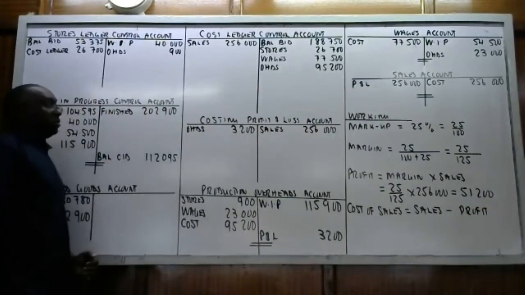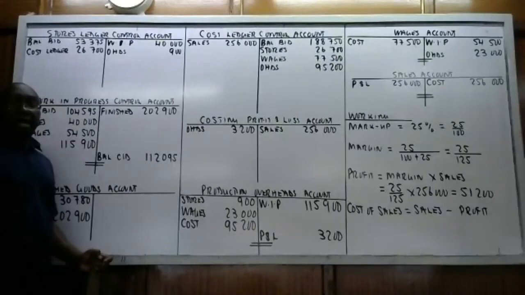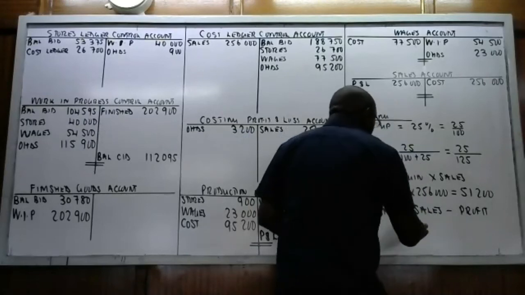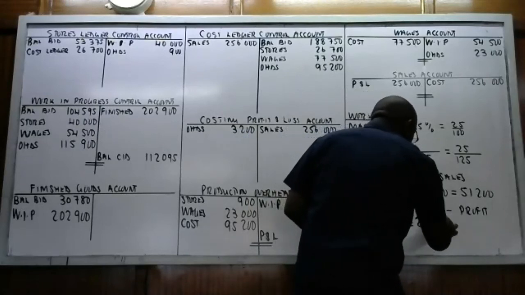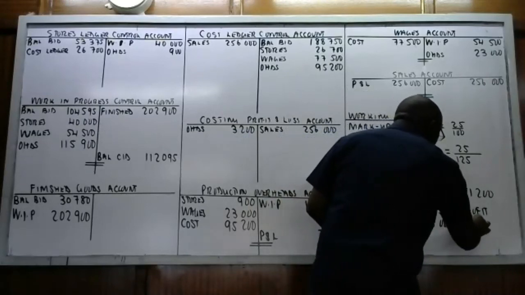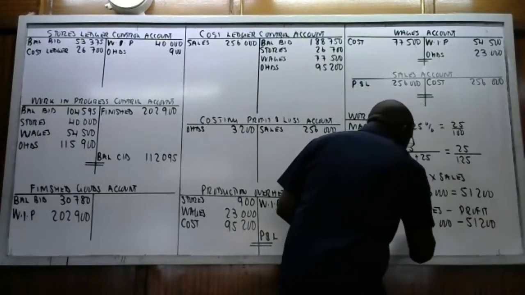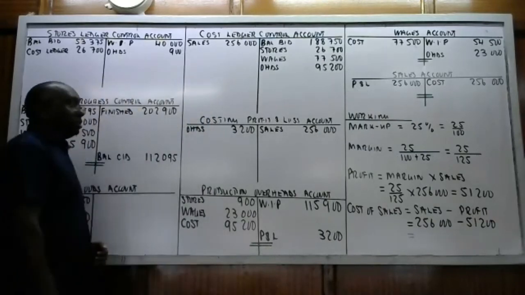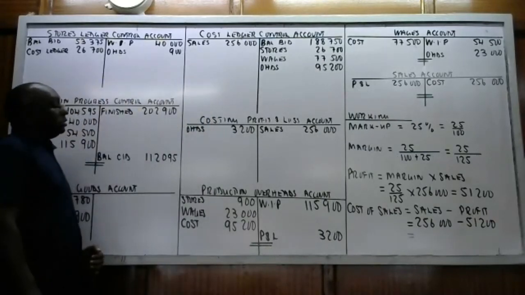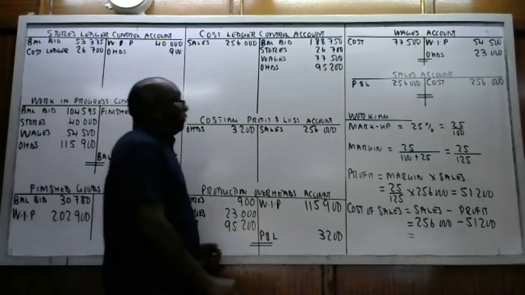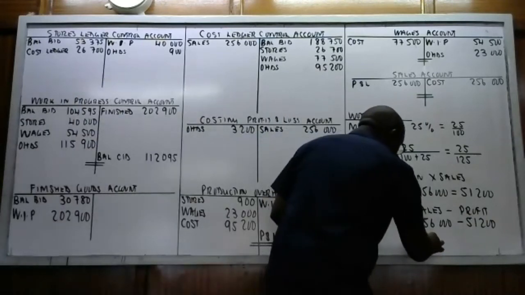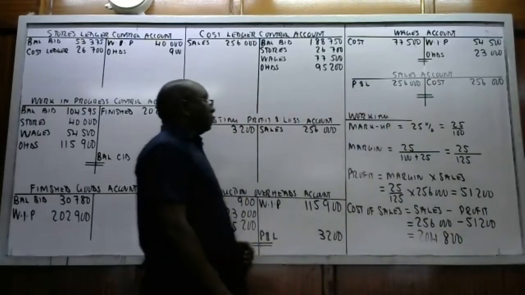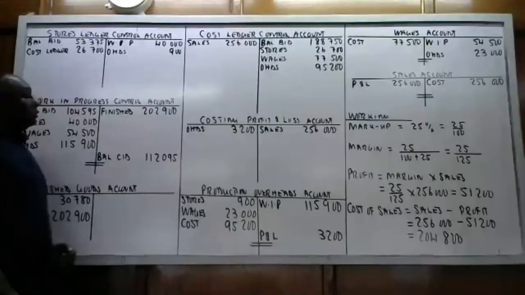So now this will be 256,000 minus 51,200. You get how much? 204,800.